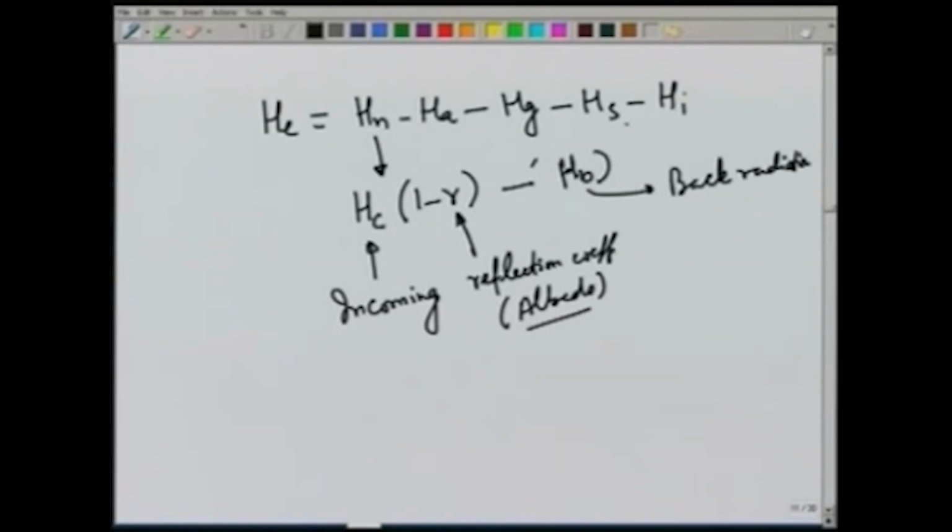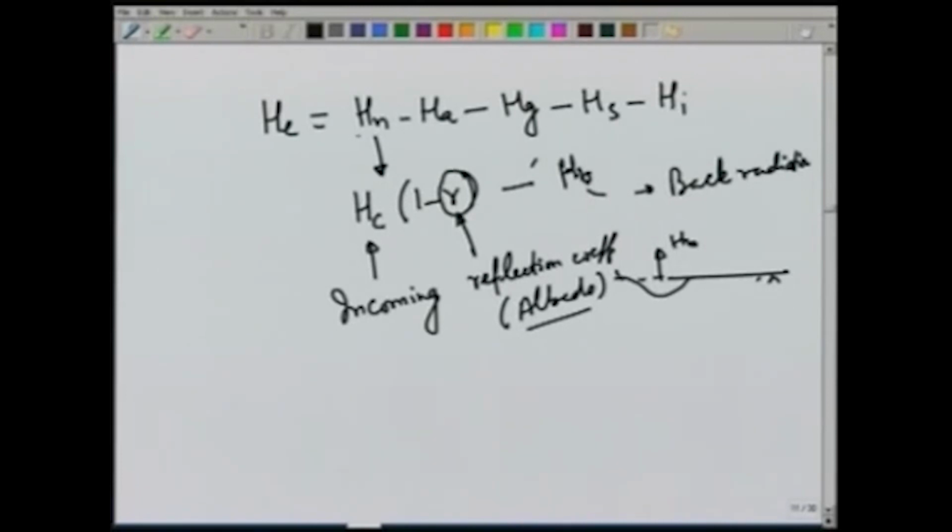This part is radiated from the water surface. So if there is a lake here, the amount of heat radiated back will be Hb, and R represents the reflection back to the atmosphere.